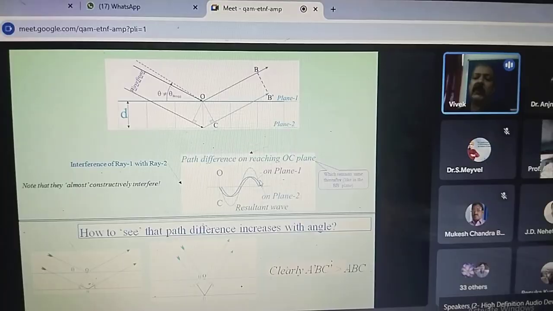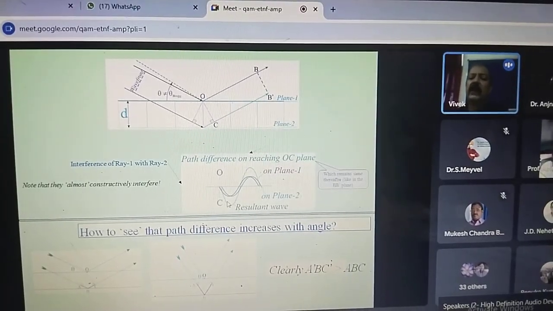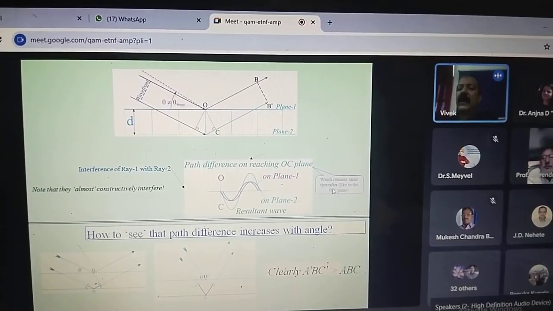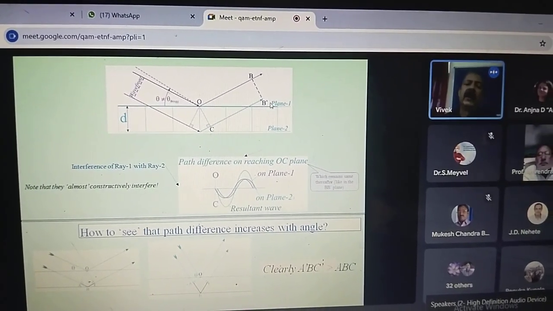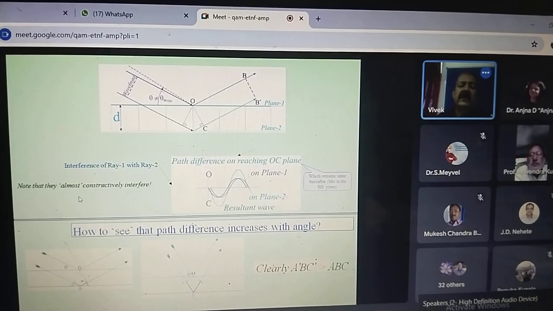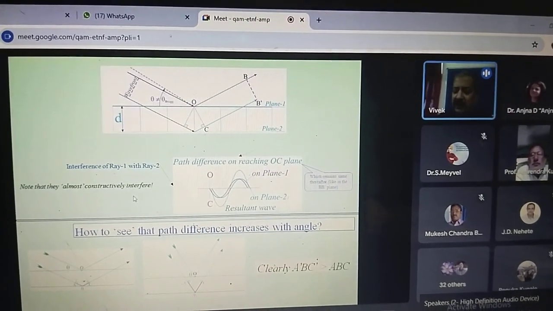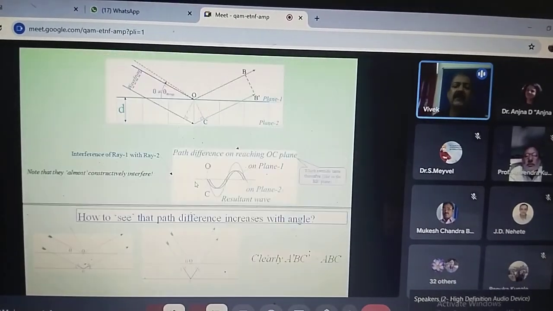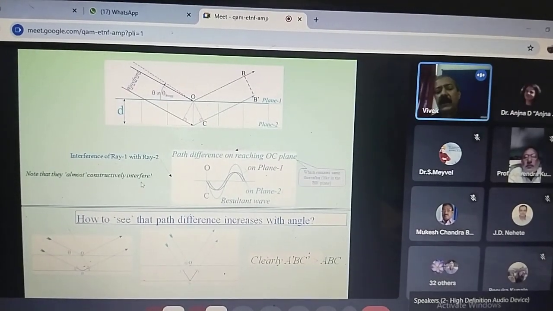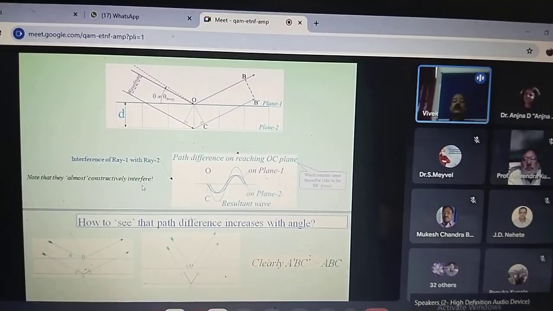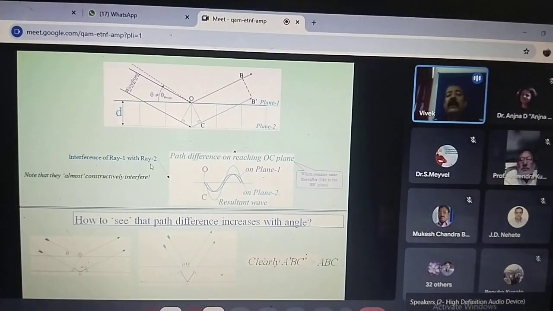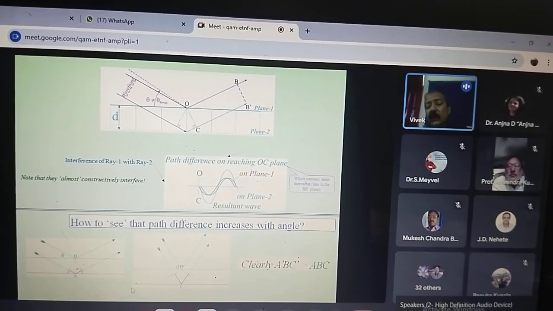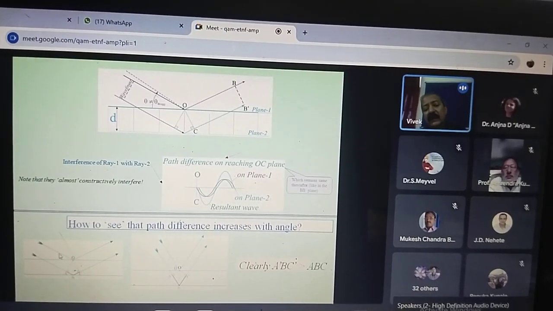In this case, the amplitudes will be added, so the resultant wave will be this one, which remains the same thereafter like in the BP plane. This is 100% constructive interference, and this is almost constructive interference.